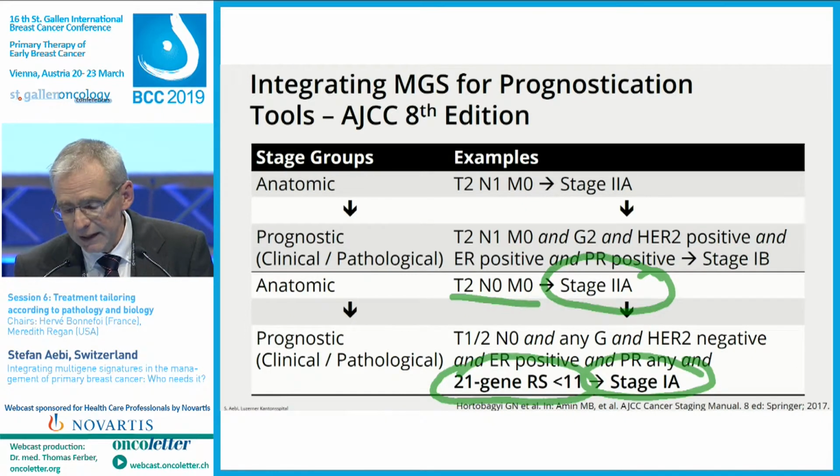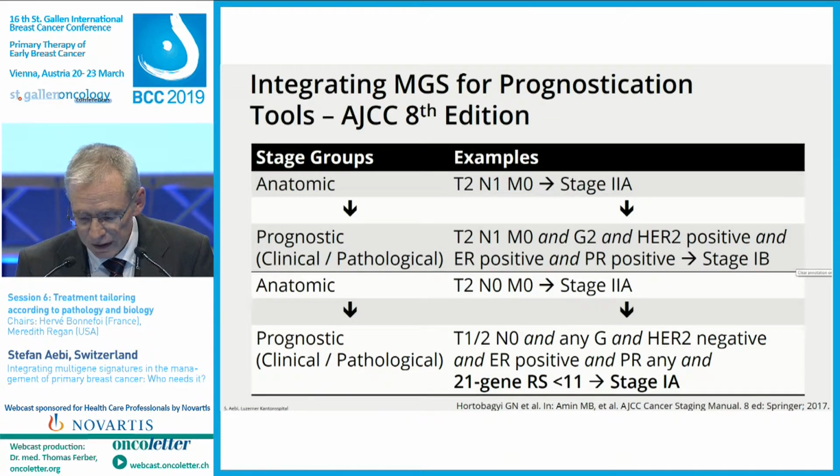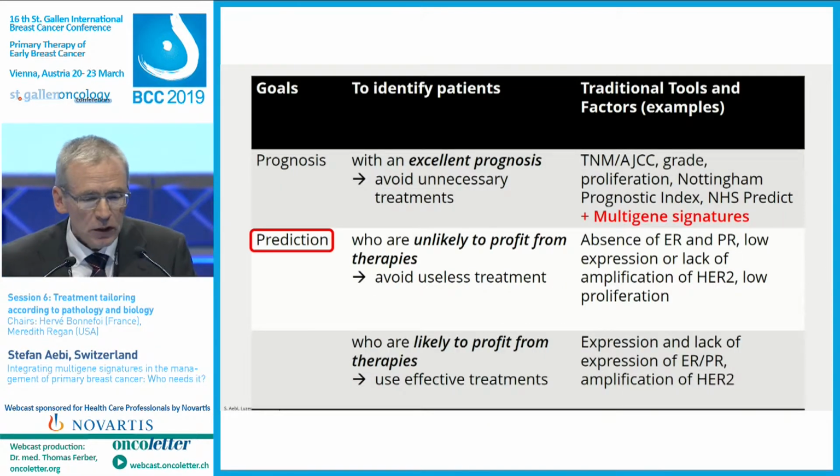So there again, it is, so to speak, independent of any manufacturer, and you see that such multigene scores are just beginning to be integrated into clinical scoring and decision-making. Let me go on to prediction.